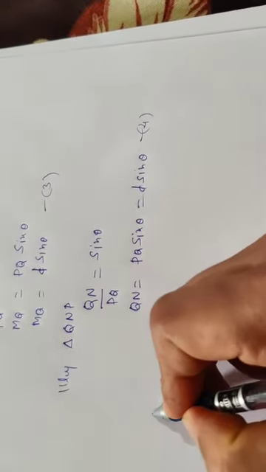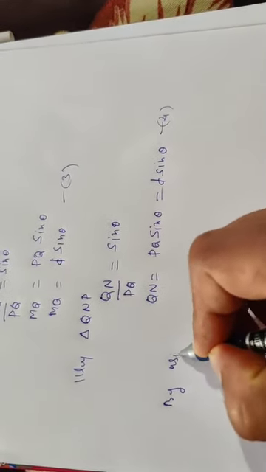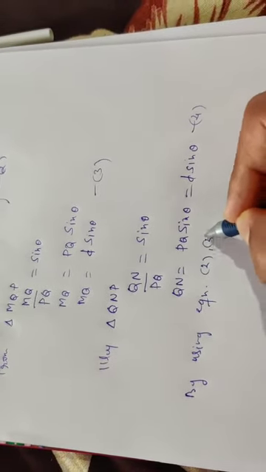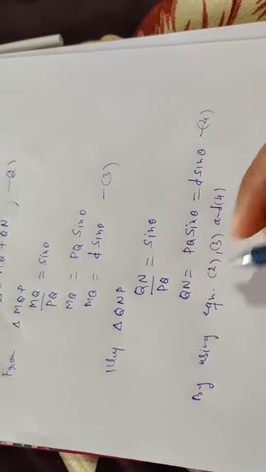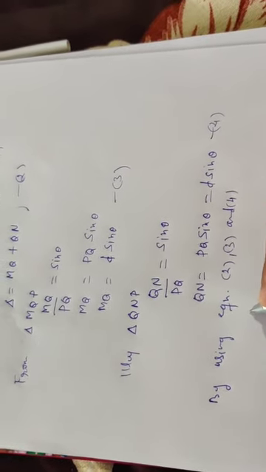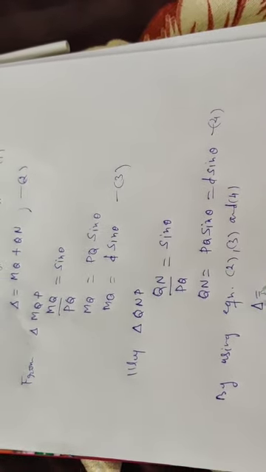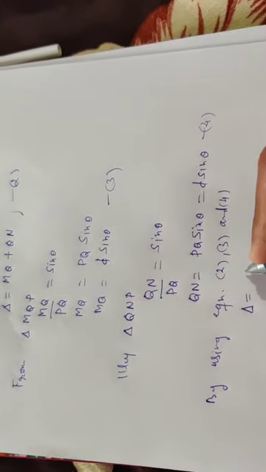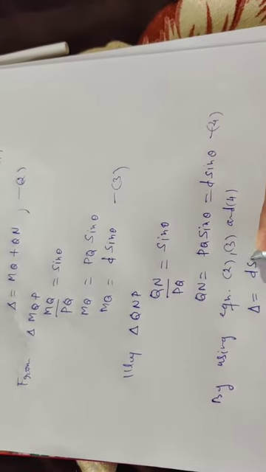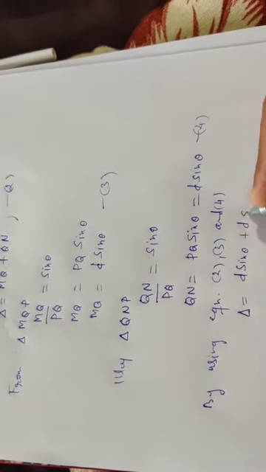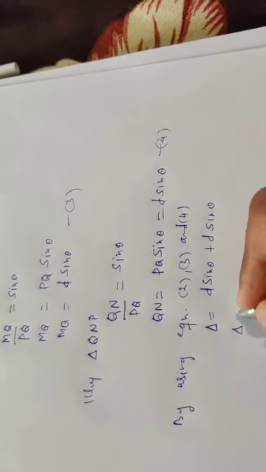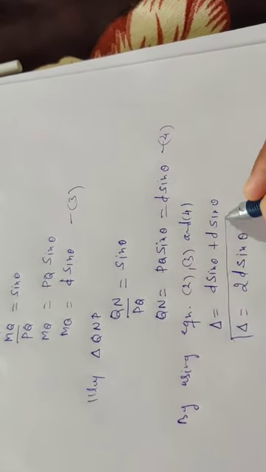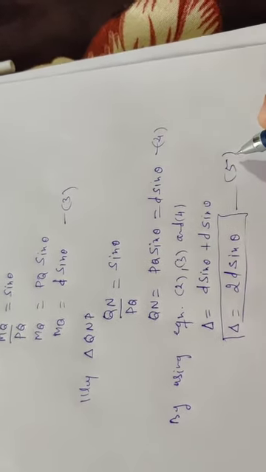Now by using equations 2, 3 and 4, delta will be, putting the values of MQ and QN, d sine theta plus d sine theta. So delta will be 2d sine theta. This is equation number 5.